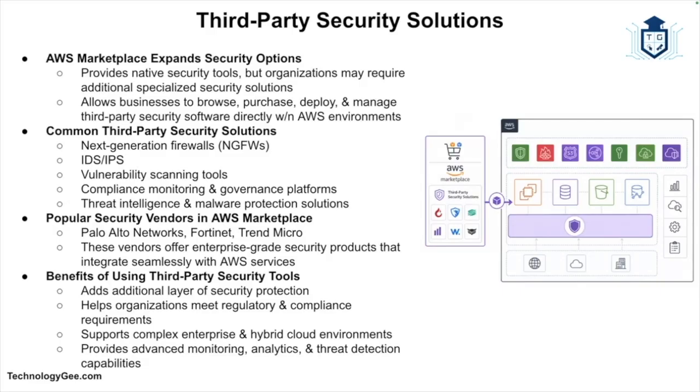So for example, companies like Palo Alto Networks, Fortinet, and Trend Micro offer advanced security products that integrate seamlessly with AWS. These tools can provide additional layers of protection, especially for organizations with complex or highly regulated environments. Now, the important thing to understand for the exam is that AWS security is not limited to AWS native services. You do have the flexibility to extend your security architecture using third-party solutions when they are needed.